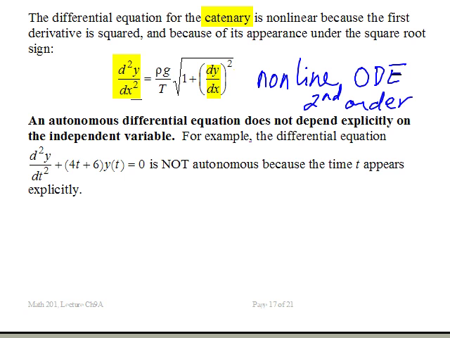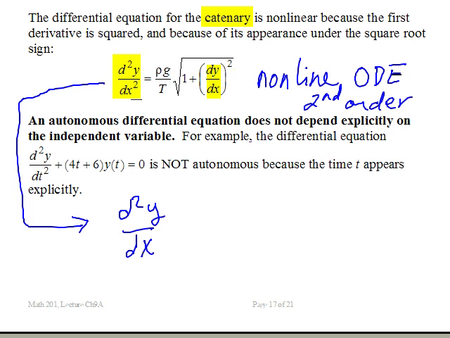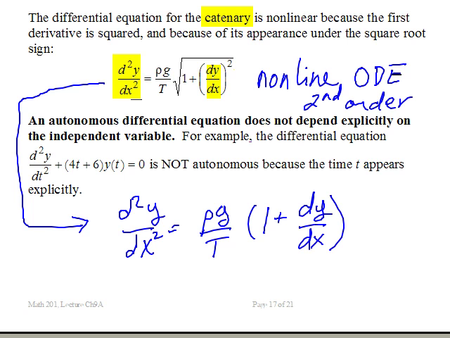So you can see the contrast here between linear and nonlinear. For example, say the equation looked like this. This would be a linear equation because the second order derivative is not squared, cubed, or raised to any power.